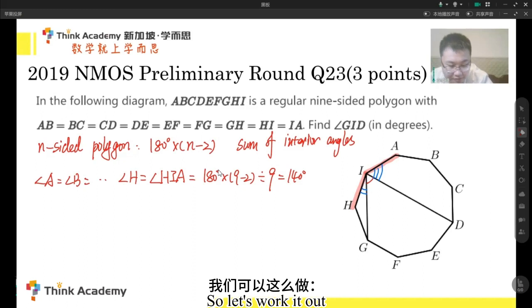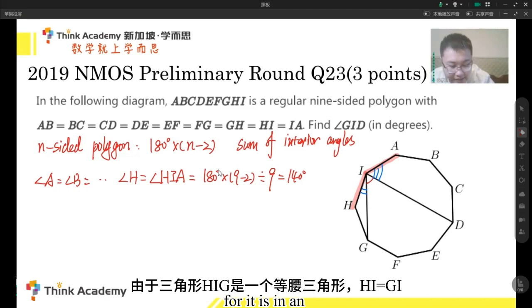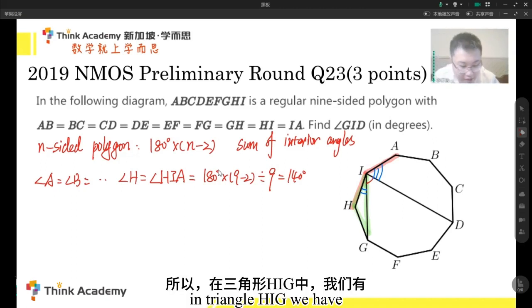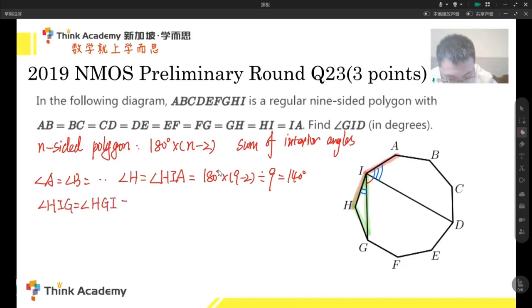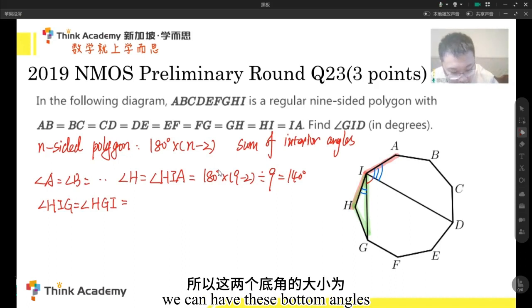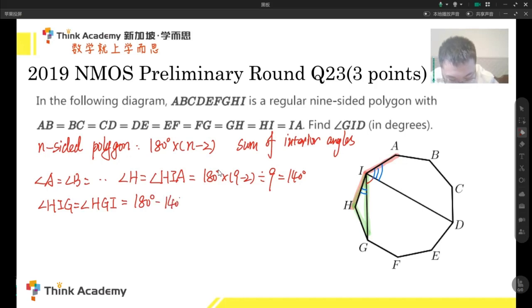So let's work it out. For HIG, it's the easier one, for it's in isosceles triangle HIG here, right? In triangle HIG, we have HIG equals HGI, and the angle IHG, the angle H, is 140 degrees. We can have these bottom angles to be (180 minus 140) divided by 2, which is 20.